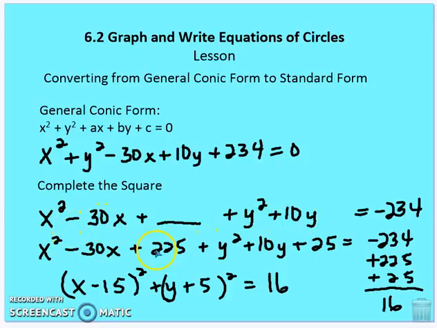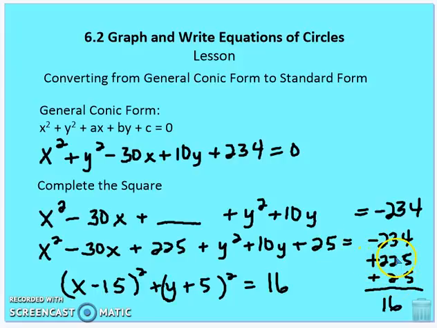And then I'm going to rewrite that trinomial as a squared binomial, and that's what we were after originally by completing the square, and end up with (x minus 15) squared plus (y plus 5) squared is equal to 16. Remember, when you have a balance, which is what we had here in the first line, and we added 225 and 25 to the left-hand side of the equation, we also have to add it to the right-hand side of the equation.